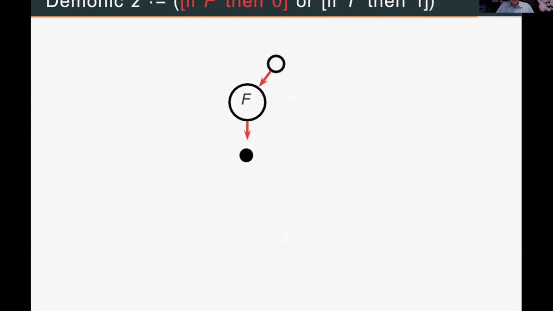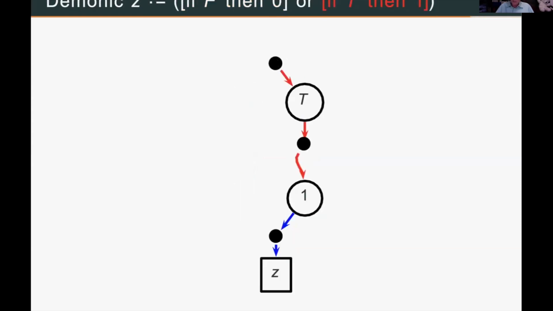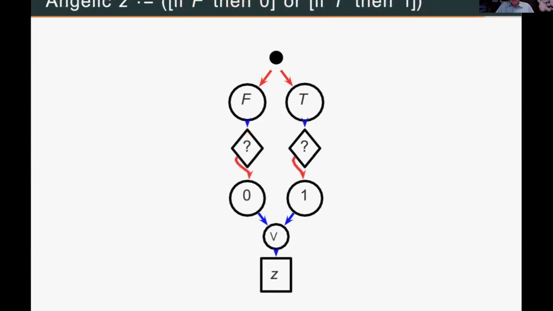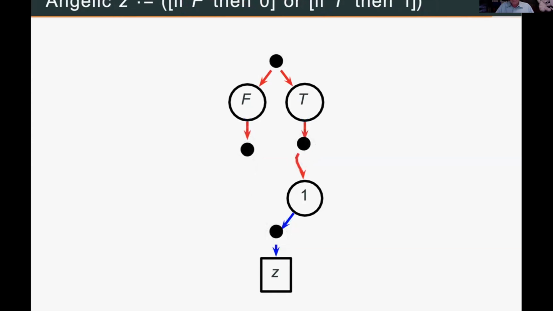So the demonic would fail because you chose the wrong branch and you can't proceed. If you happen to choose the right branch, then you go the other way and you do succeed, but you might not succeed. Angelic means do both.